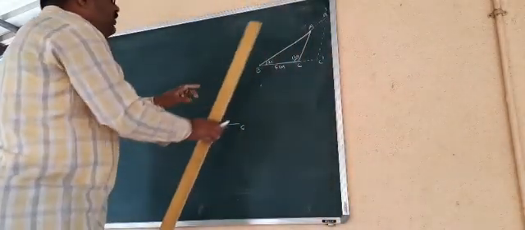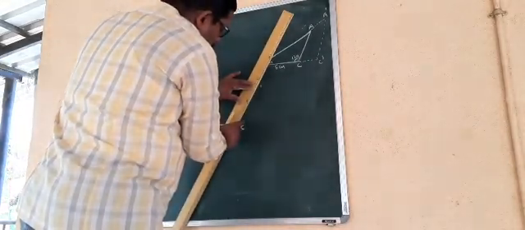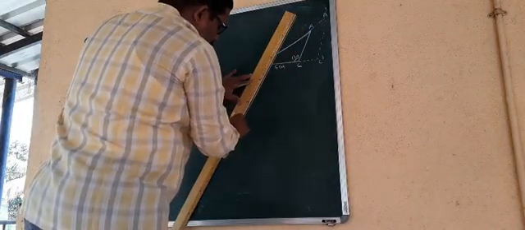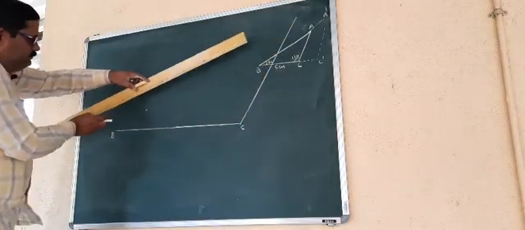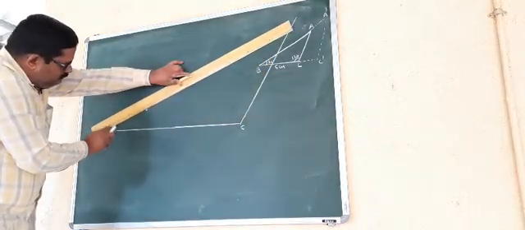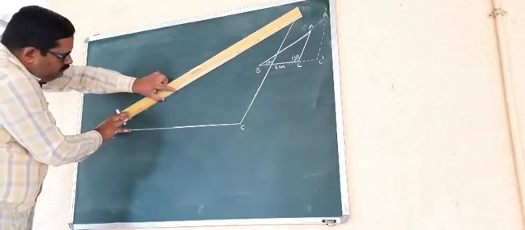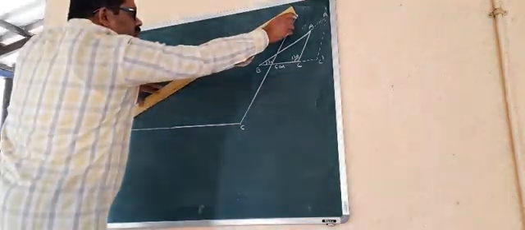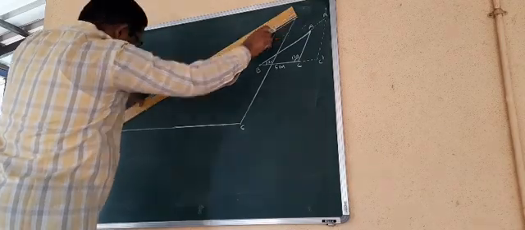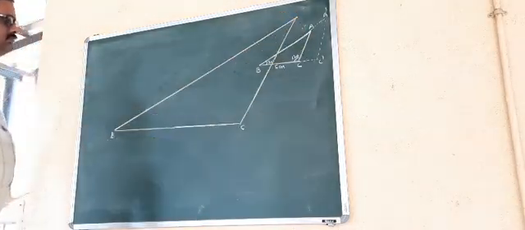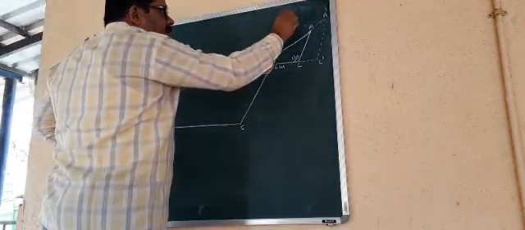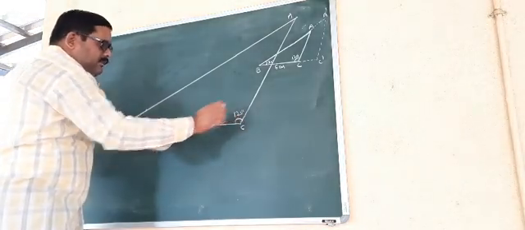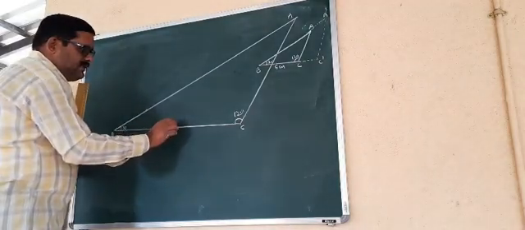So, by joining these two points, so this is point A. So, this is of 30 degree and this is of 120 degree and the BC is of 6 centimeter.